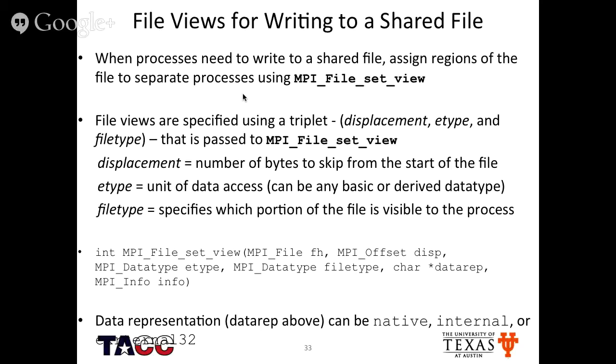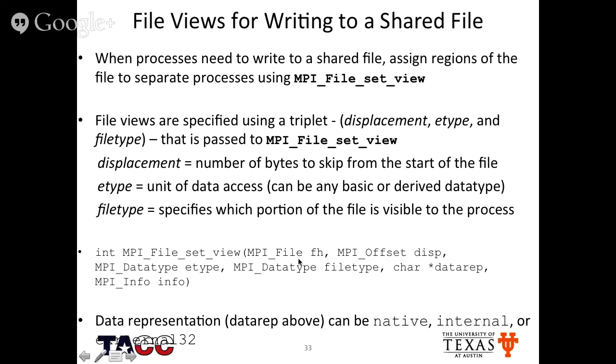The etype is the unit of data access. It can be any basic or derived type. It could be int or your structure that you create using MPI derived types. And then your filetype specifies which portion of the file is visible to the process. Now look at the API again.